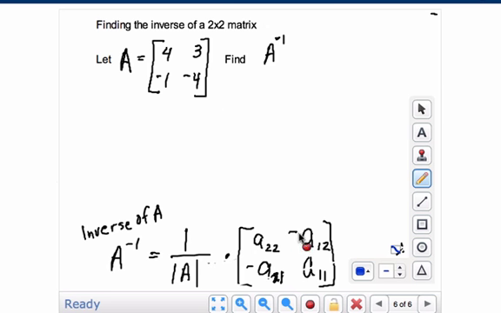Okay, and so this one, the opposite of the value in row 1, column 2. Row 1, column 2. That is 3. And we're going to take the opposite of it. That's going to be a -3. Okay, and then this one right here, the opposite of, that's supposed to be a 2, row 2, column 1.